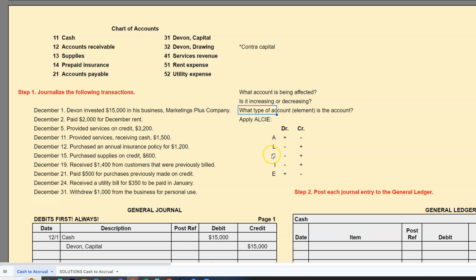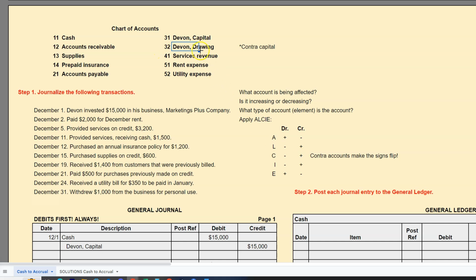And how do we make contra capitals go up? If you haven't heard about contras before, these signs flip. So to make a drawing account go up, we technically debit. Here's a note: contra accounts make the signs flip. If you ever encounter a contra account, it's going to flip sides.